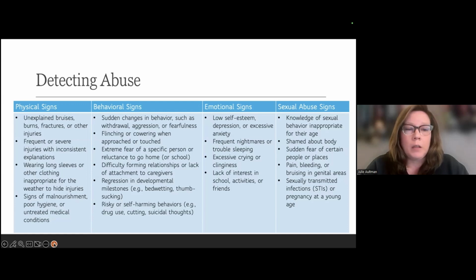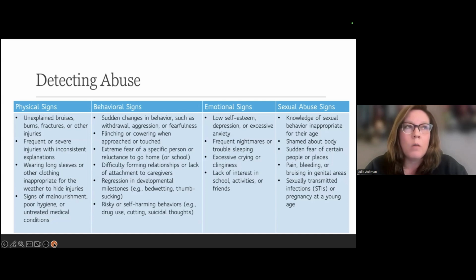So, it might be really hot outside and somebody's wearing a turtleneck. And, just a question, are you too hot? What's going on here?